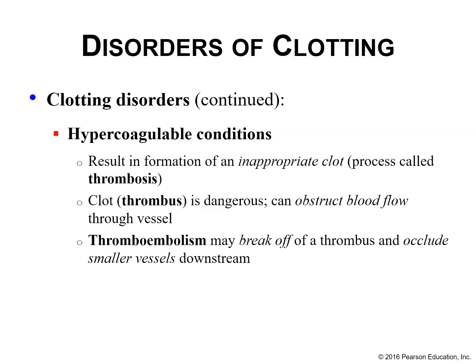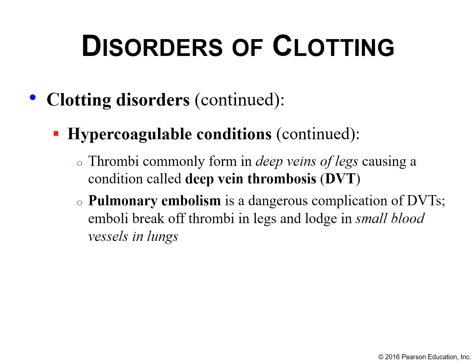A thromboembolism can break off of a thrombus and then occlude a smaller vessel downstream. Thrombi commonly form in the deep veins of your legs. That condition is referred to as deep vein thrombosis. Pulmonary embolism is probably the most dangerous complication of a deep venous thrombosis, where the emboli break off the thrombi in the legs and lodge in small blood vessels in the lungs.